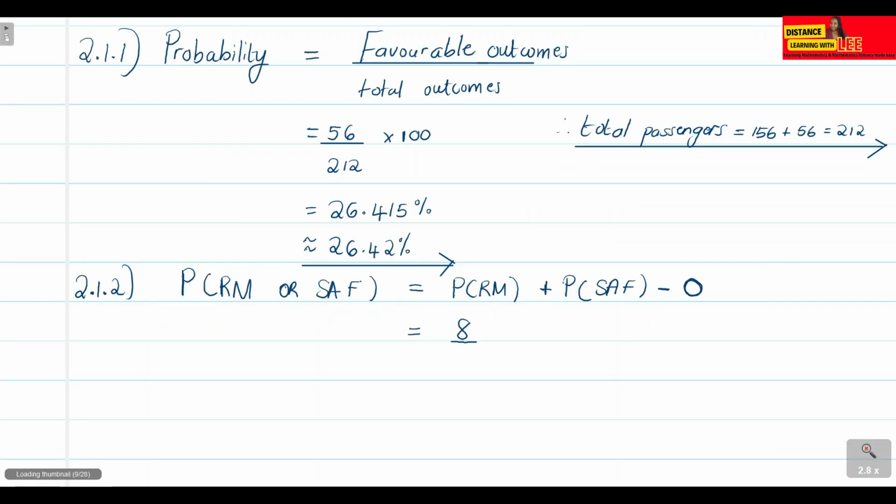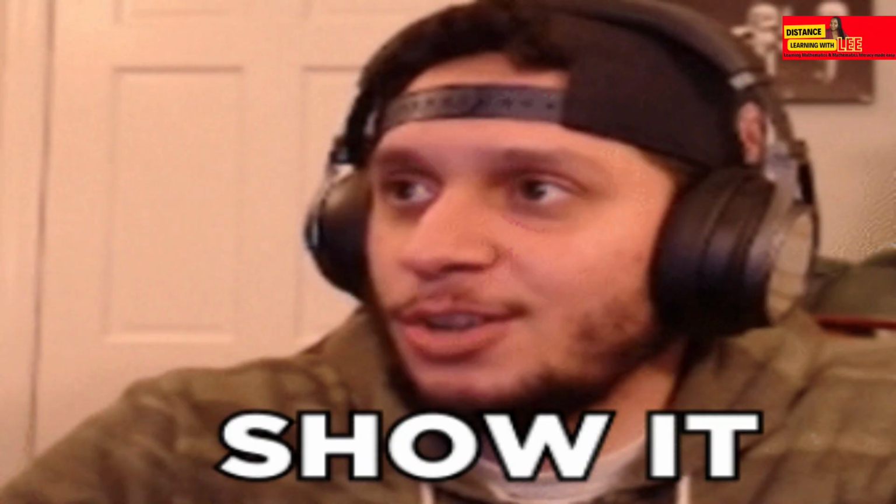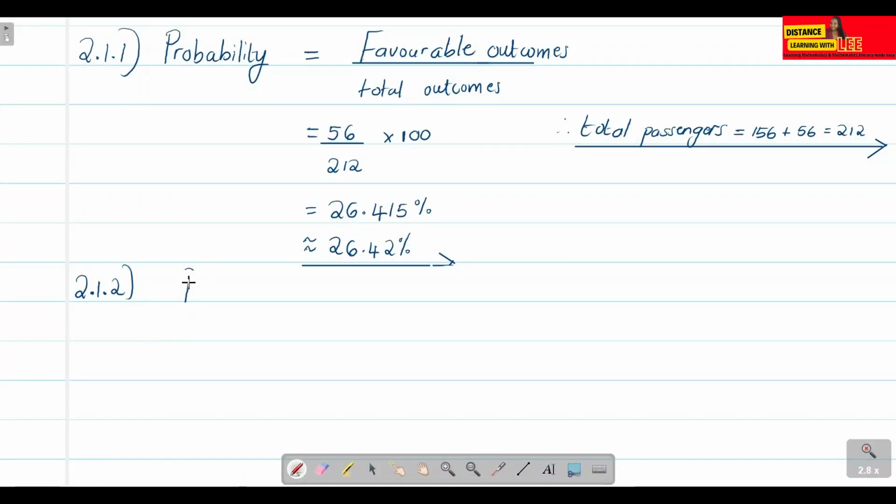I'm going to show that there, because remember I mentioned that with Maths Lit you need to show every single calculation so that you do not miss out on any marks. So in this case, the total passengers will be equal to 48 plus 12 plus 56 plus 23.